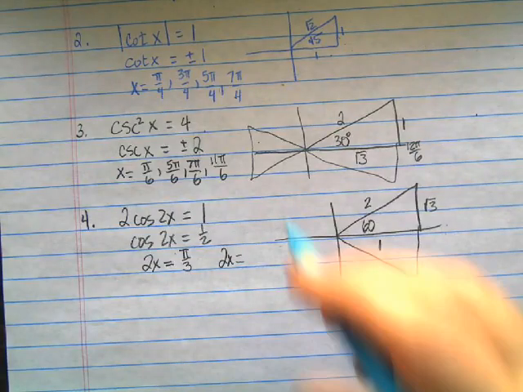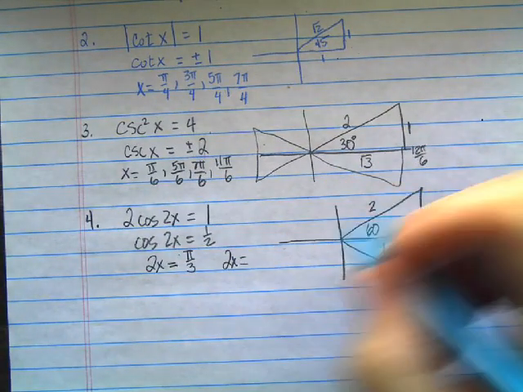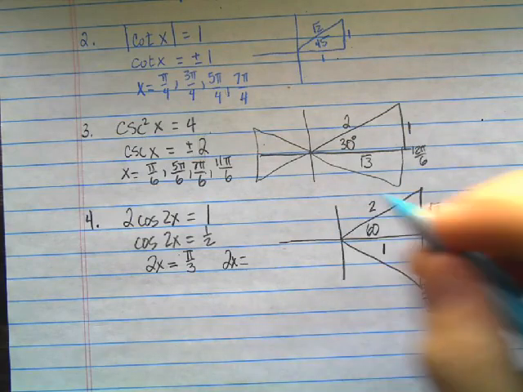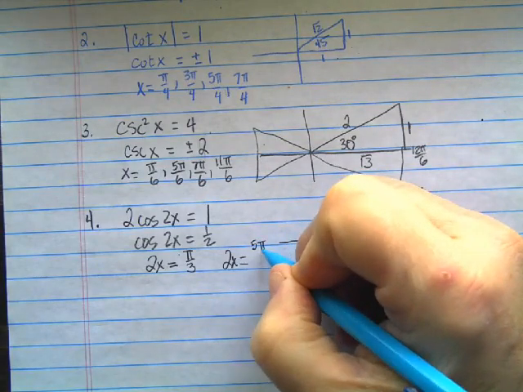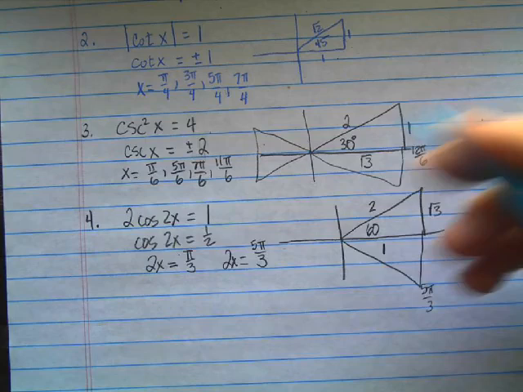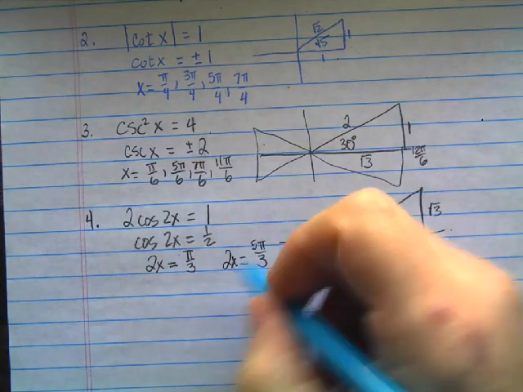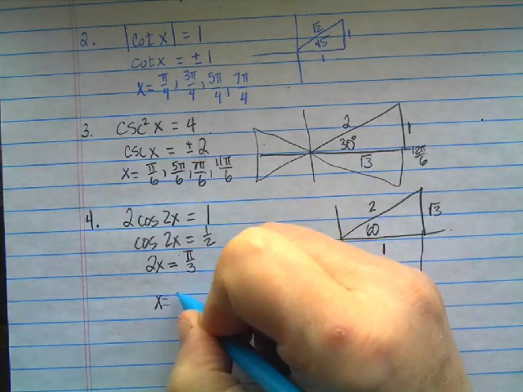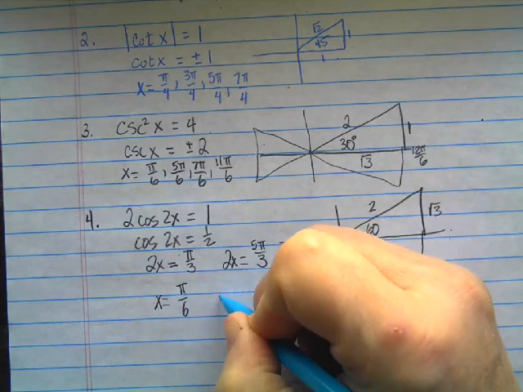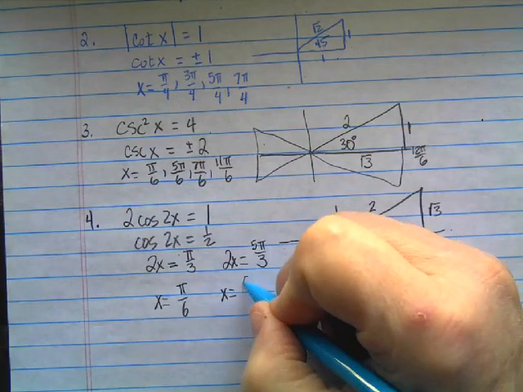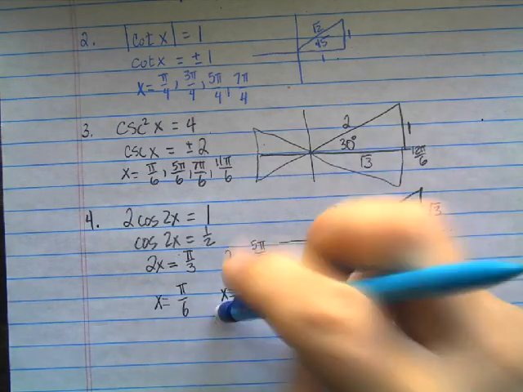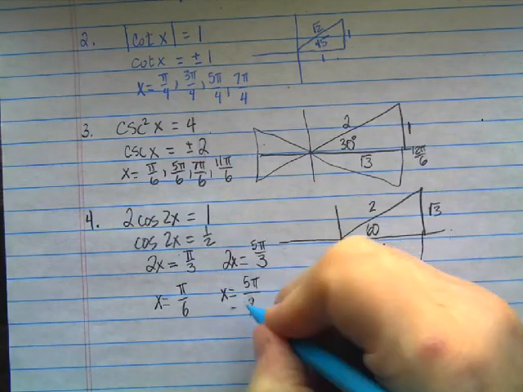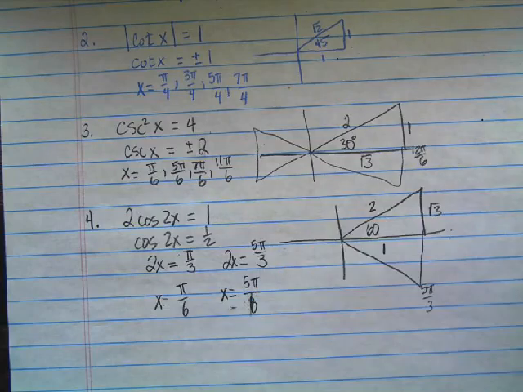So 2x equals 5 pi over 3. And then we solve that for x by dividing by 2. So x equals pi over 6. X equals 5 pi over 6. And those are our two answers for that one.